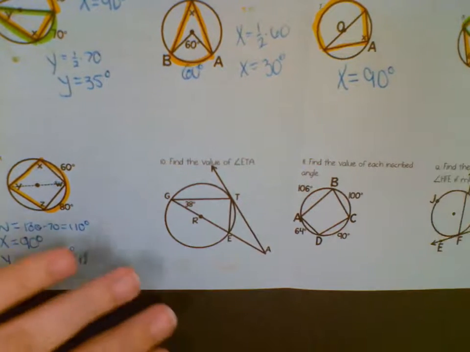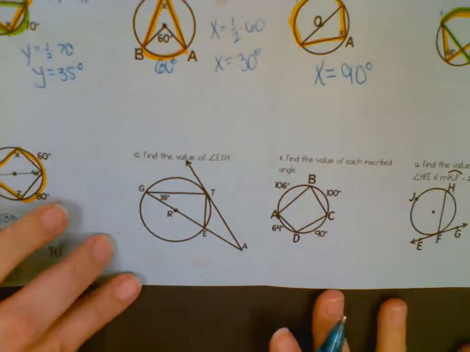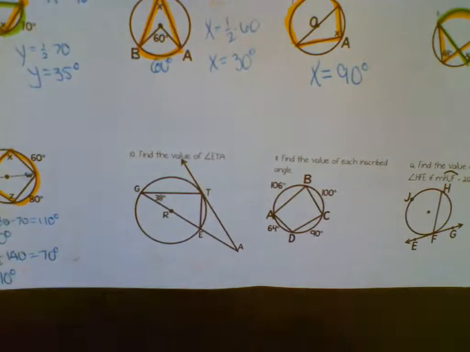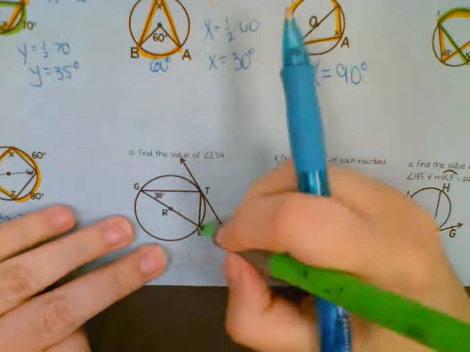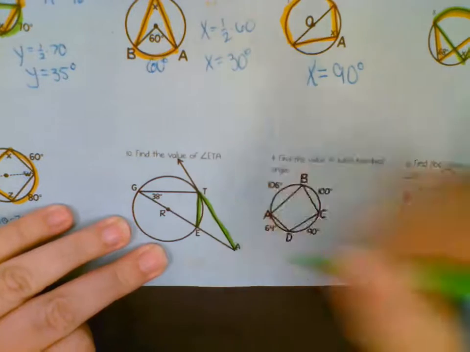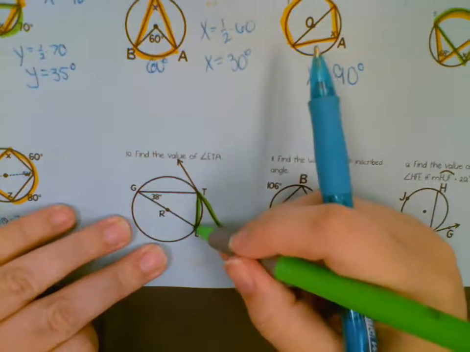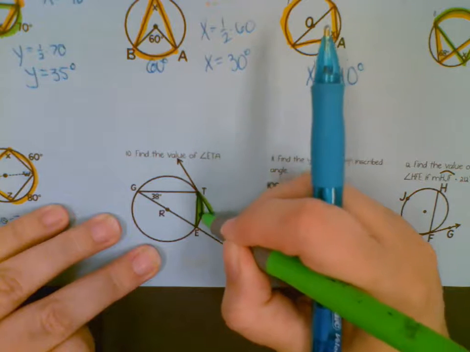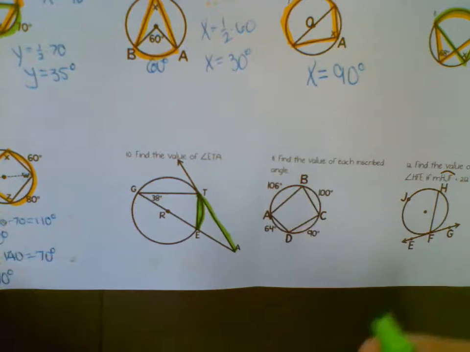Okay, so for question 10, they want us to find the measure of angle ETA. I'm going to trace it so you can see what I'm finding. This is the kind where it's a chord and a tangent line, so it equals half of that arc TE.